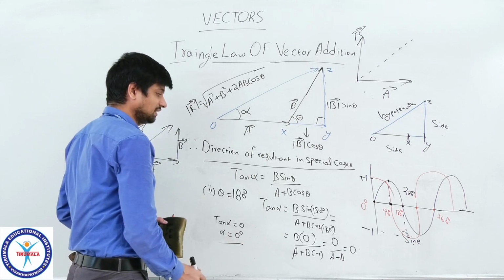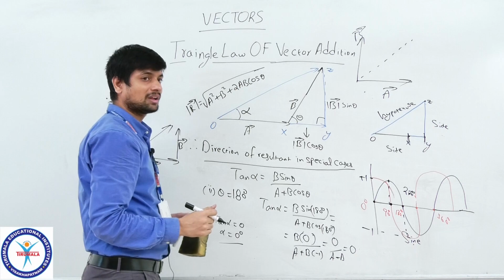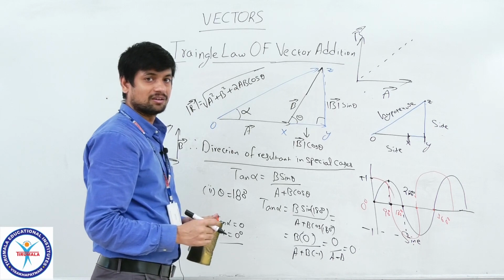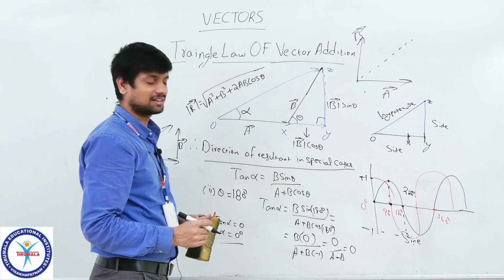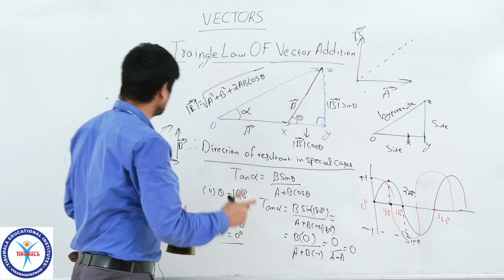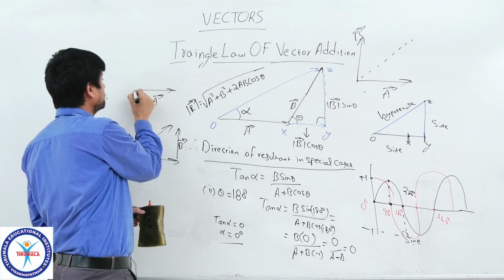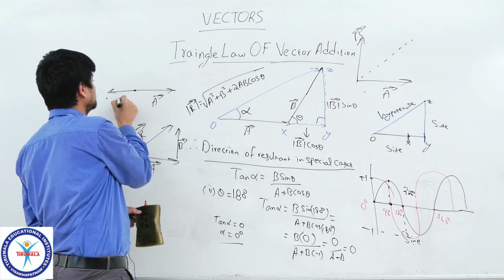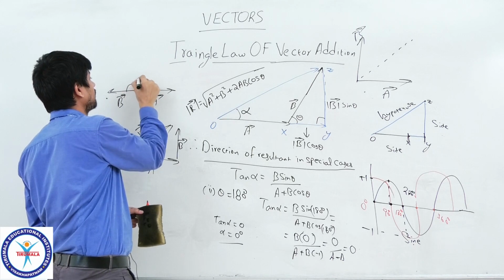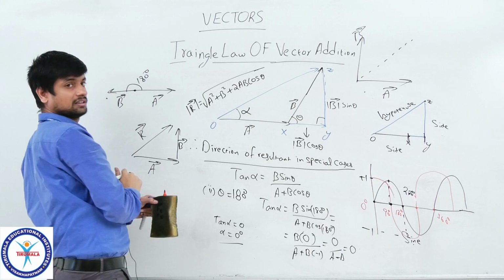What does it represent? Here vector A and vector B are not parallel; both are unlike vectors, meaning opposite to each other. A bar this one, B bar this one, because the angle between them is 180.